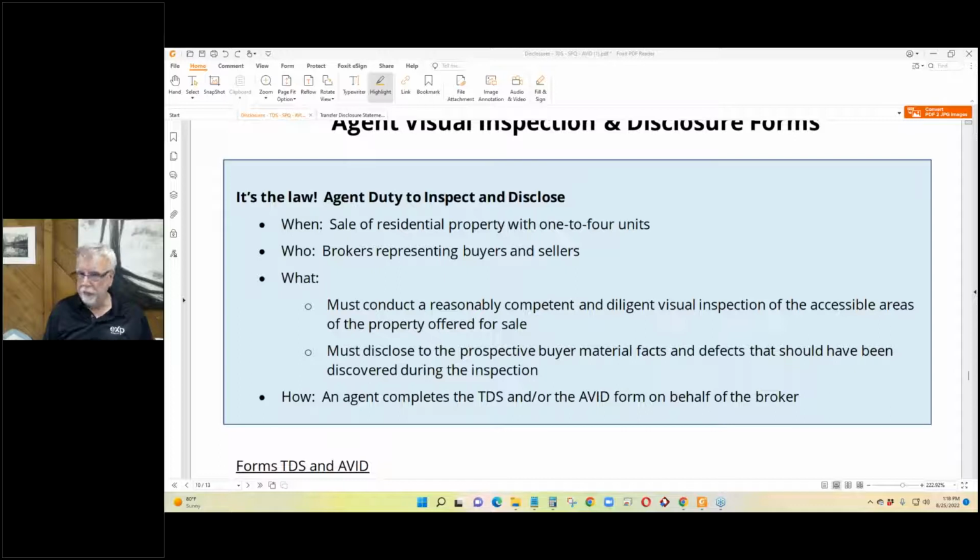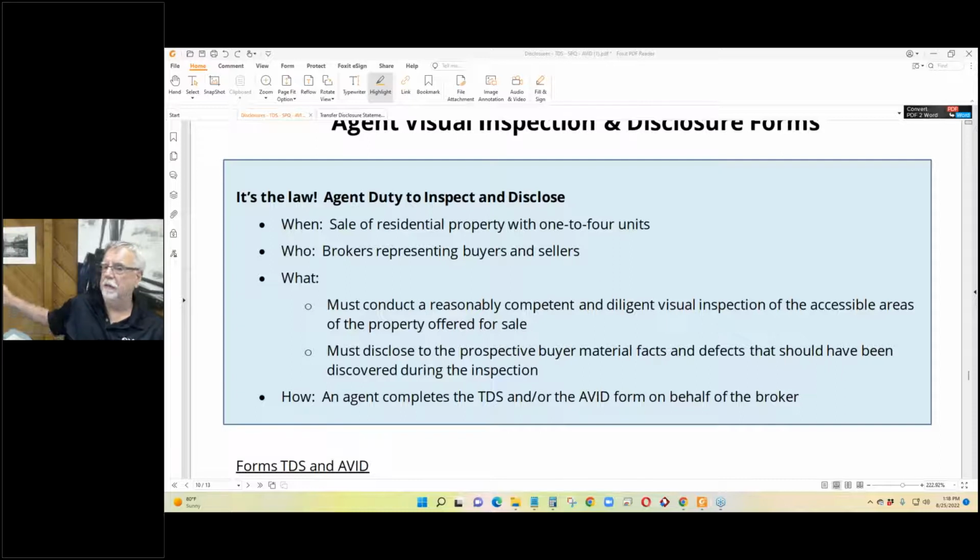If the termite inspection mentions it, then you've disclosed it. So when does the content of your AVID, this is a little controversial, really make a difference? Well, let's say the seller was exempt. There's no inspections, no property inspection, no termite inspection, nothing.